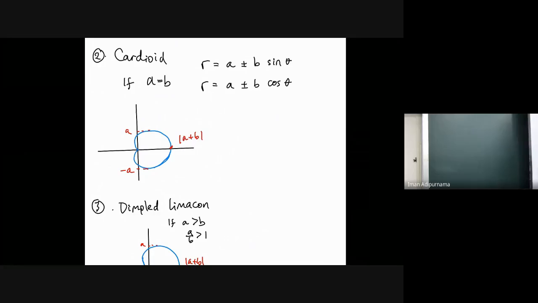For example, if you have integrations, you need to calculate the area under the curve, and your curve is like this. How to calculate the integrations?